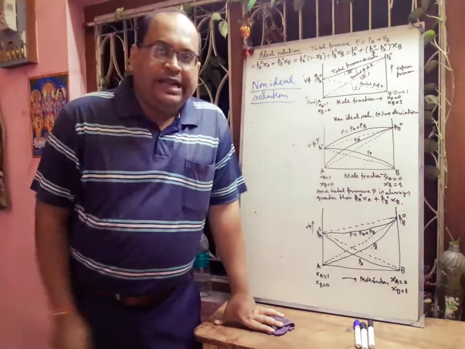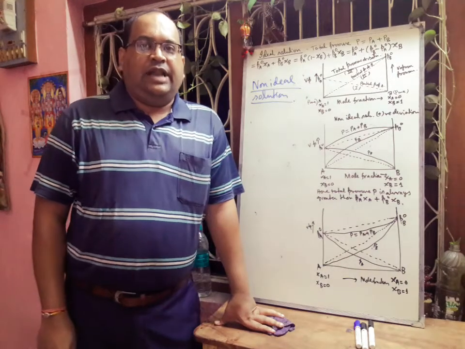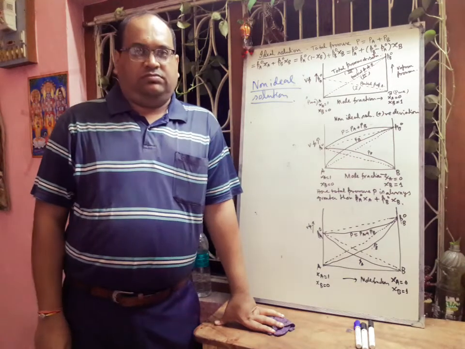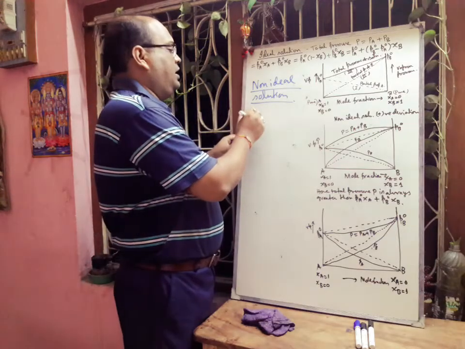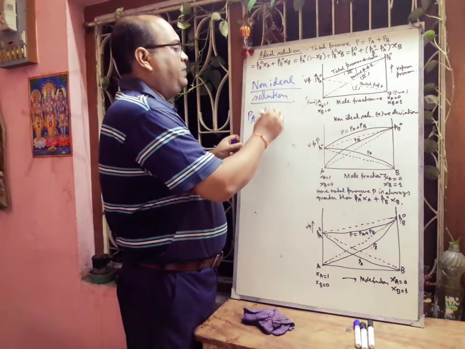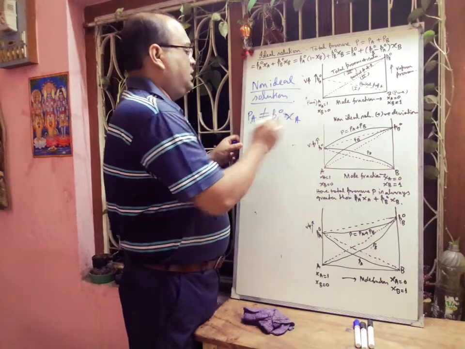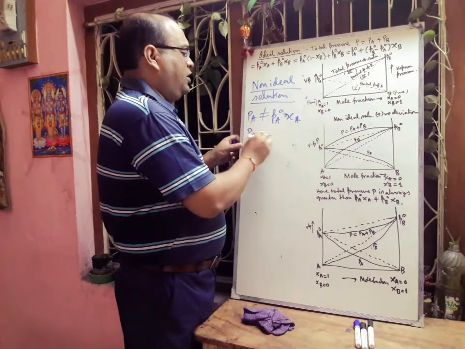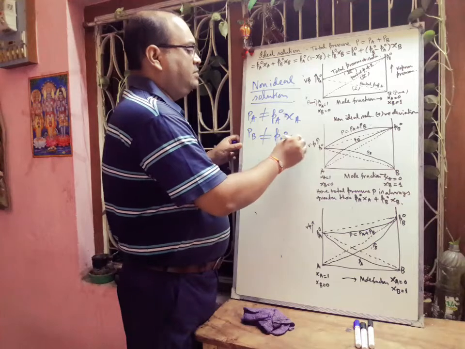Now, a non-ideal solution is a solution for which none of the components obeys Raoult's law. Here Pa is not equal to Pa0 into Xa, and Pb is not equal to Pb0 into Xb.